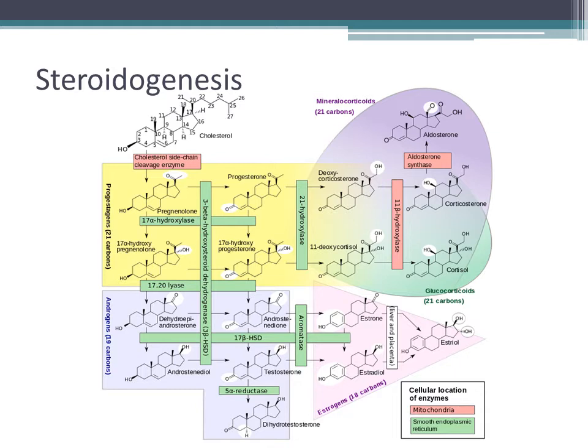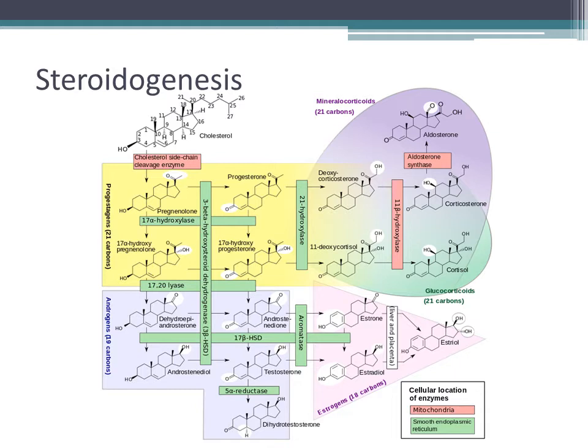Now, it depends on at which level this blockade is happening and the shunting of the overproduction of those hormones, to which area they take us. So for example, here, if we have 21-hydroxylase deficiency, the shunting of the pathway will go the path of, if you look at the yellow part, progesterone, and then going down 17-alpha-hydroxyprogesterone, and then keep going down androstenedione, and then keep going down testosterone.